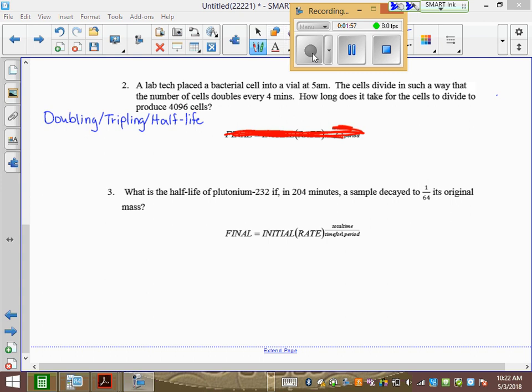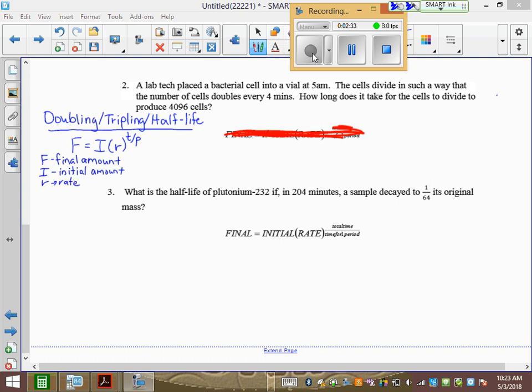So if you have these, the formula is, I always say F equals I R to the T over P. F stands for final amount. I is initial amount. R is the rate.